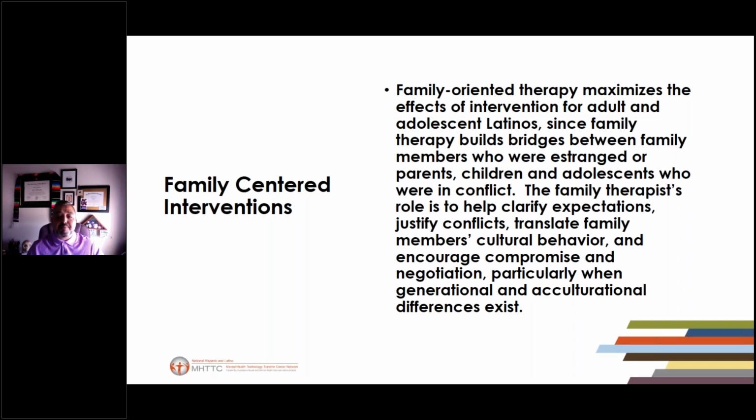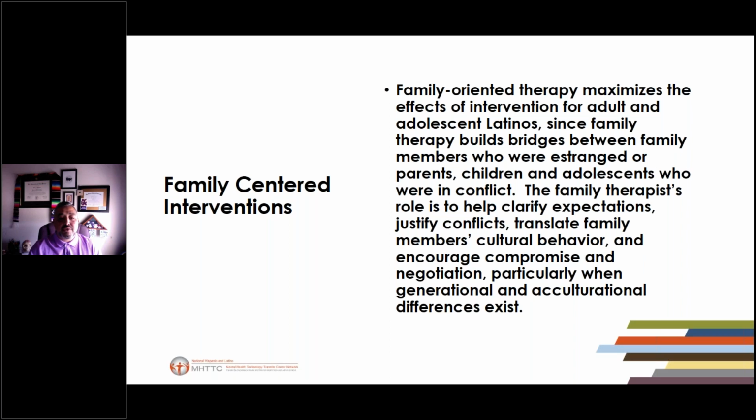Sometimes father or mother may immigrate first before children. Sometimes we've seen children sent over first to live with family and maybe even friends or extended family in the United States. So sometimes there's a gap in that. So family-centered therapy and interventions can help reconnect that estranged family unit potentially.